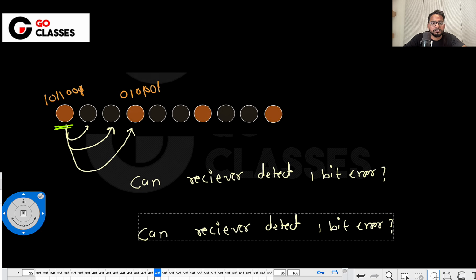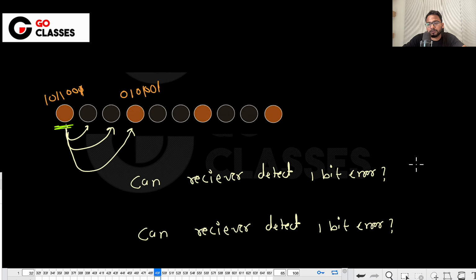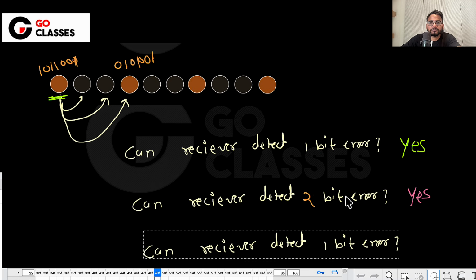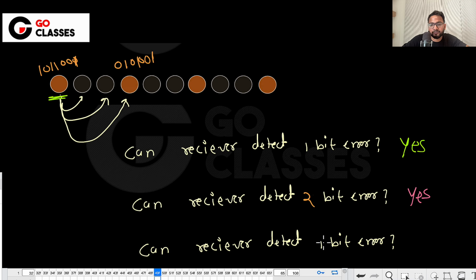Now if I ask the next question, can the receiver detect a 2-bit error? The answer is yes. But if I ask you, can the receiver detect a 3-bit error? Then the answer is definitely no, right?